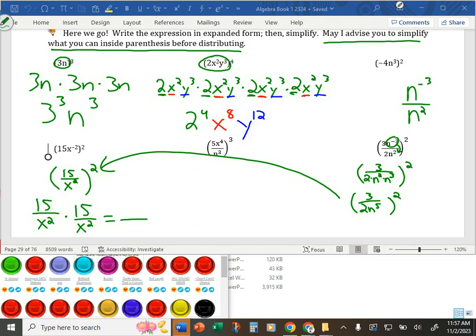Negative 5. Uh-oh, we have n to the negative 5th in the numerator, which means we've got to move it and make it positive. There it is. So you can do it that way too, as long as you know what you're doing.